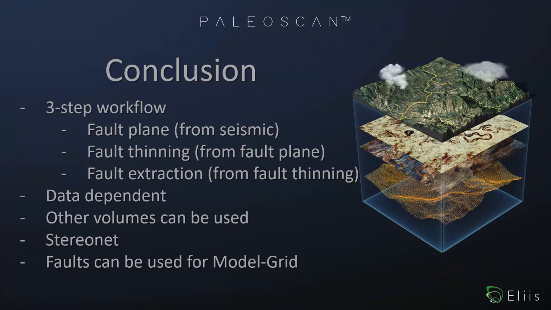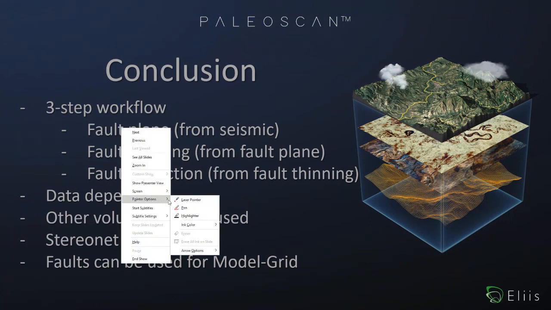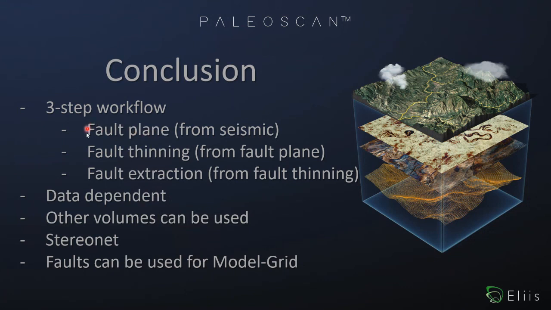Keep in mind that the fault plane cube takes a lot of time, between 1 hour to 2 hours per giga. These 2 steps here are really fast: a couple of seconds per giga for the fault thinning, and a couple of minutes for the fault extraction.